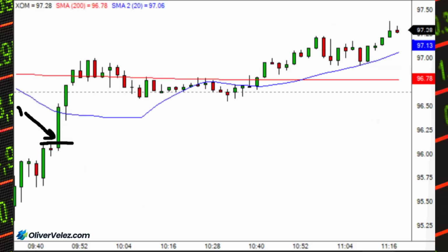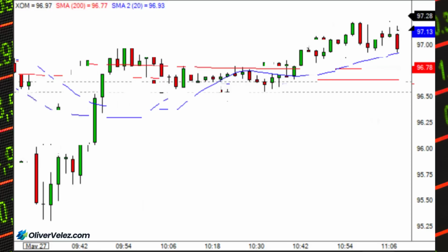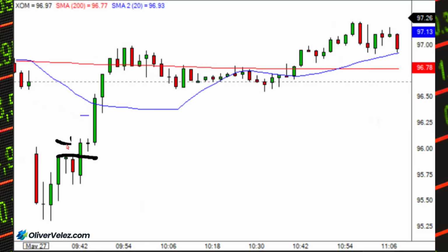This add is very important. Let me explain to you why. So here's the initial buy, boom, and here's your add, boom. Or put another way, let's say 2 lots, and boom, 1 lot for a 3-lot trade.